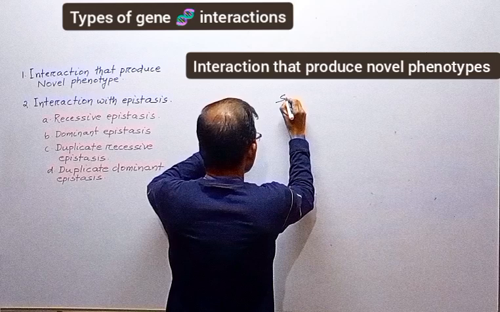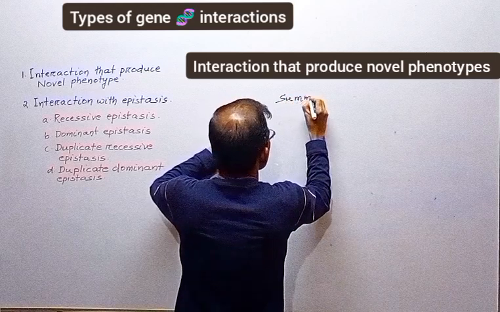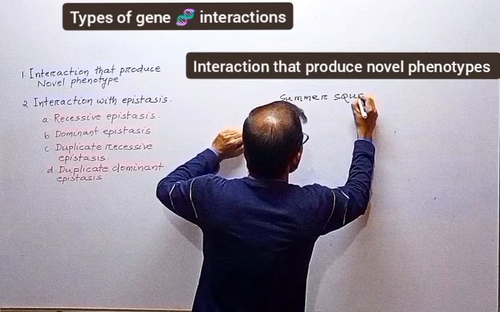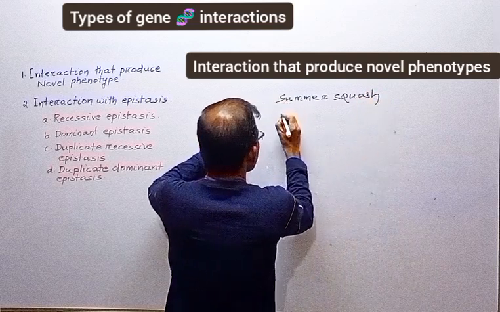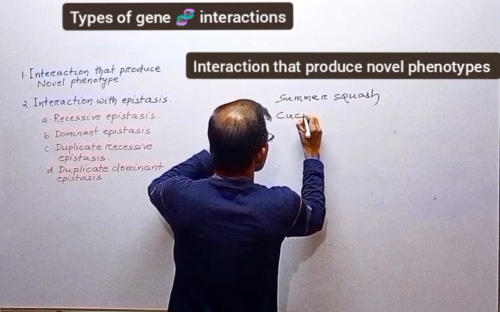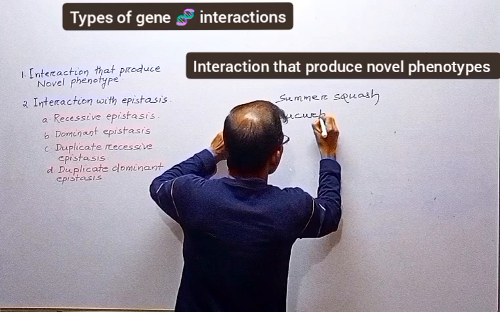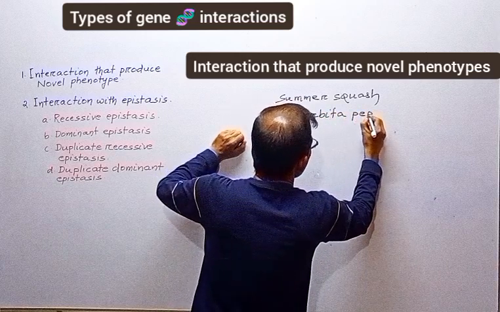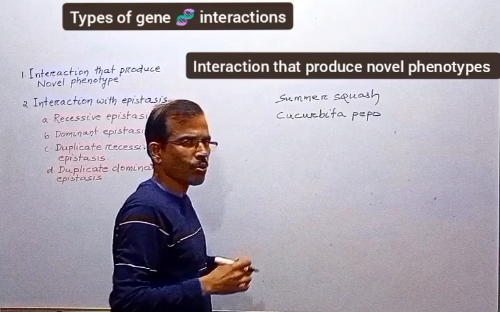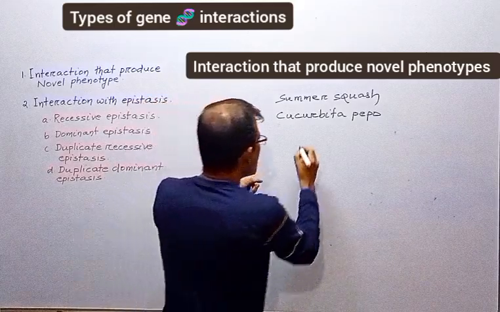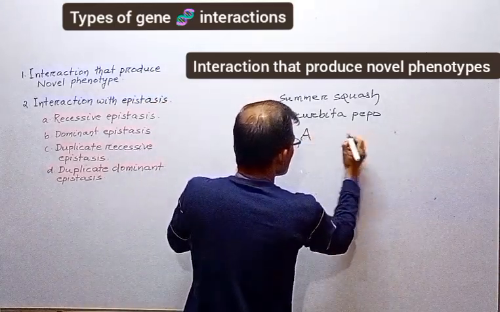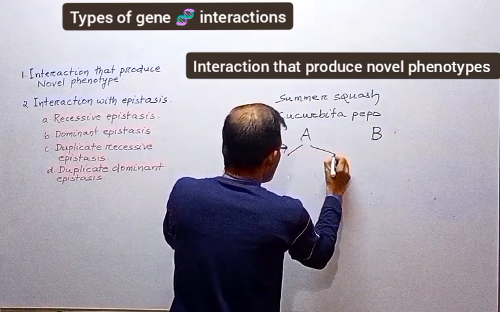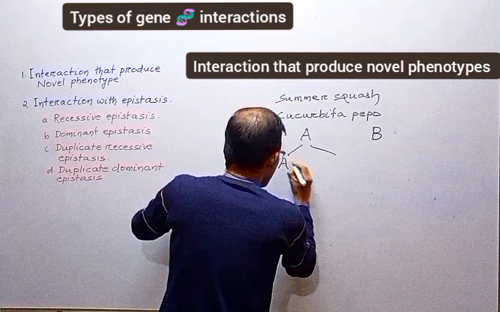Take the example of summer squash, scientifically known as Cucurbita pepo. In summer squash, fruit shape is determined by two genes A and B. Each gene has two alleles.